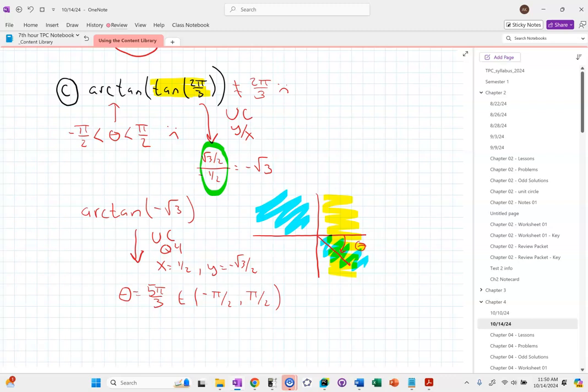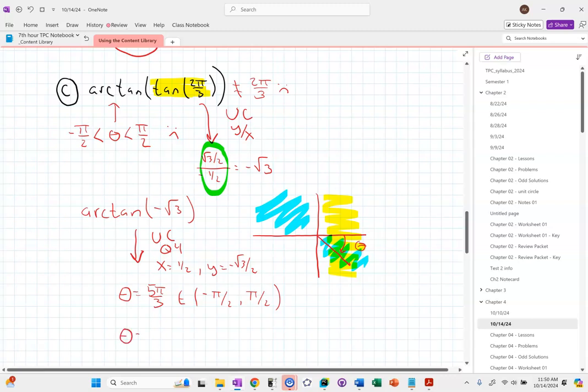It's too big. So I should be subtracting 2 pi. So if I make my common denominator, I get negative pi over 3. That is inside my desired interval. So I should be all set.